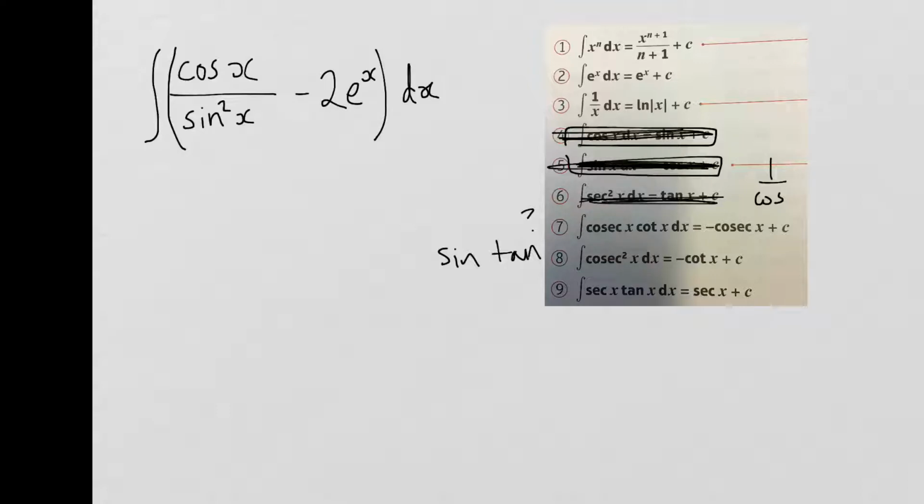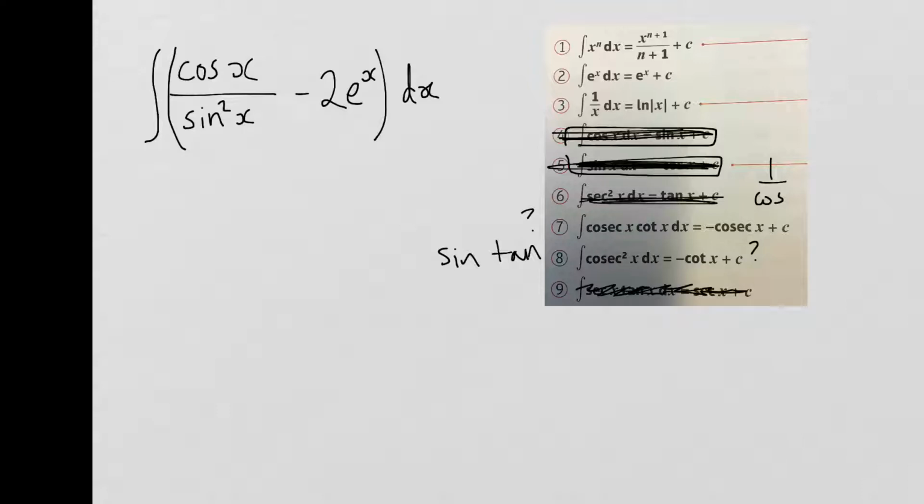Again, we have got a sine squared x, so maybe that would be something else we consider working with. And then finally, we've got sec x tan x, and sec x is 1 over cosine x. We don't have a 1 over cosine x. Cosine x is in the numerator here. So I don't think we'll have that to do, but who knows?